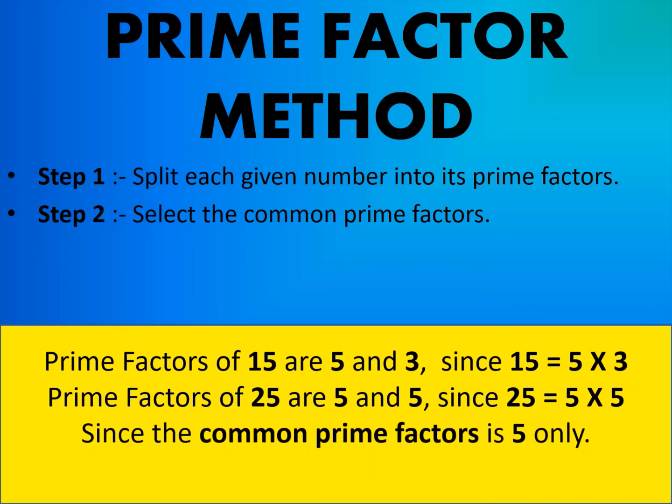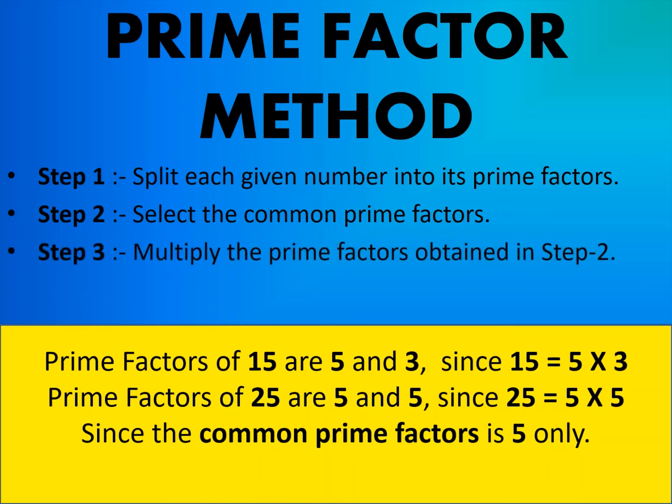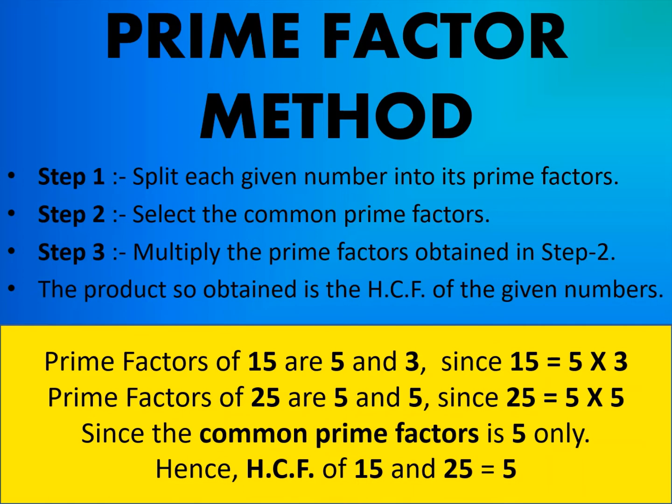Step 2. Select the common prime factors. Step 3. Multiply the prime factors obtained in step 2. The product so obtained is the HCF of the given numbers.